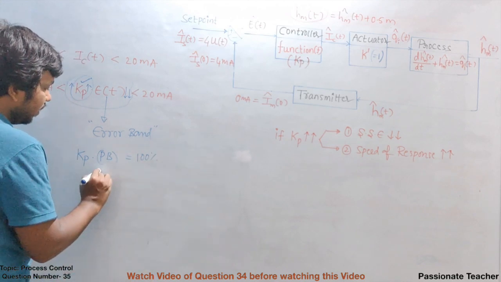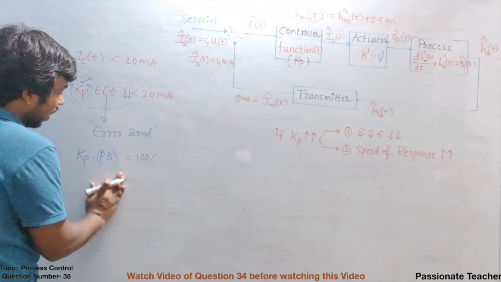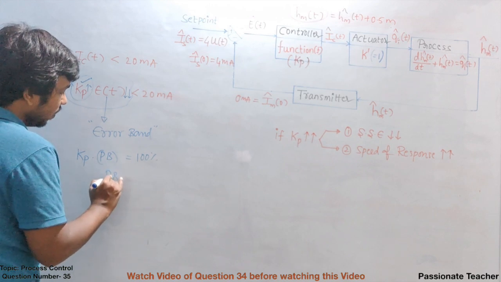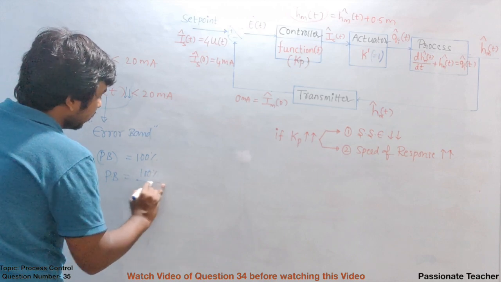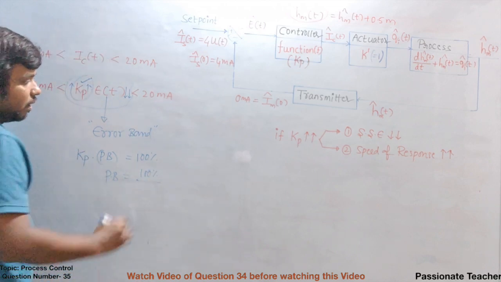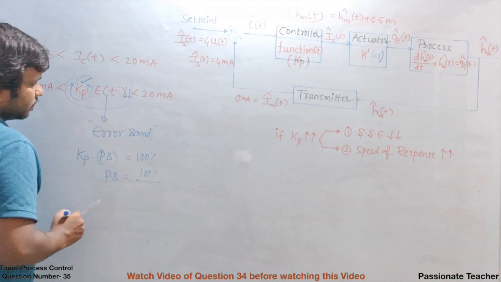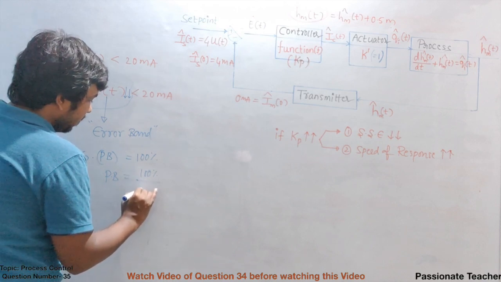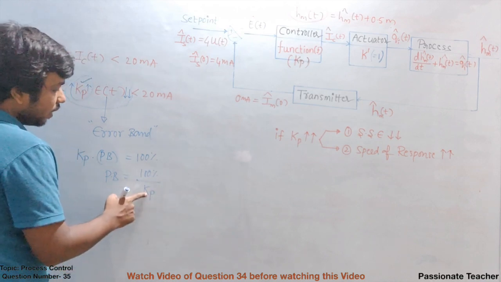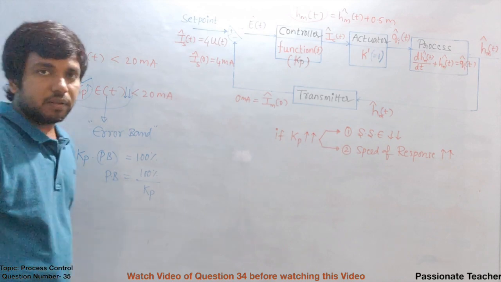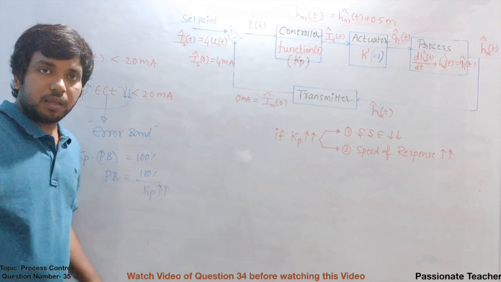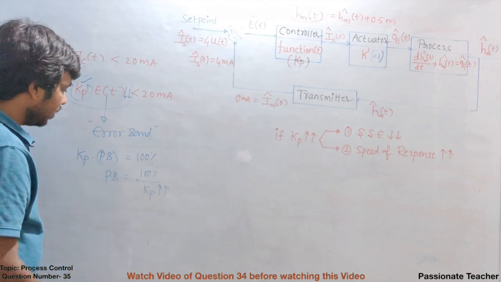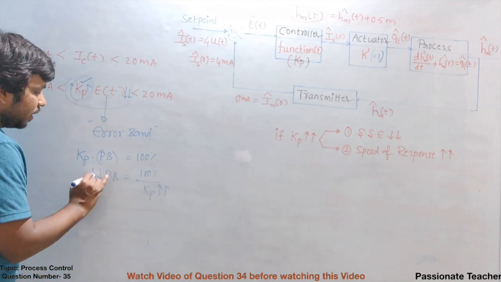So Pb, proportional band or error band, can be given as the allowable error band. That is the meaning of allowable error band: 100 by Kp. So we cannot increase the value of Kp. The reason is, if you keep on increasing the value of Kp, then the proportional band is going to decrease.